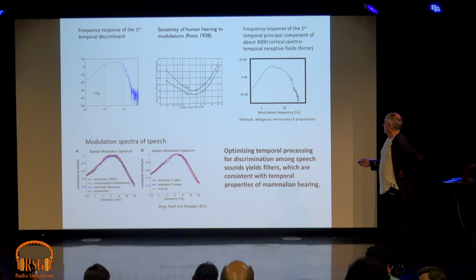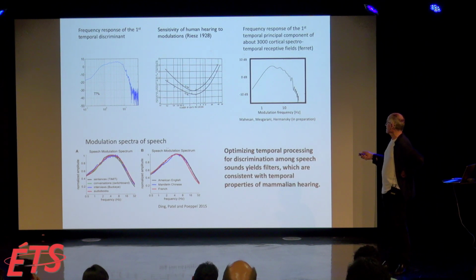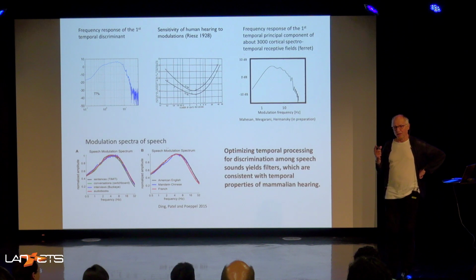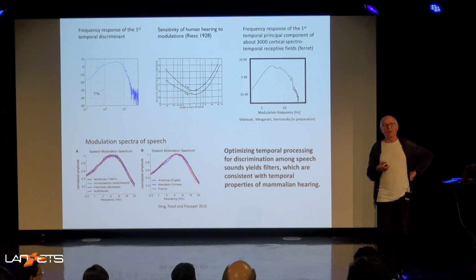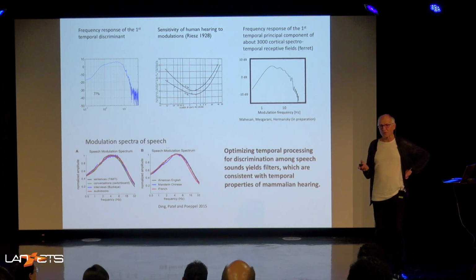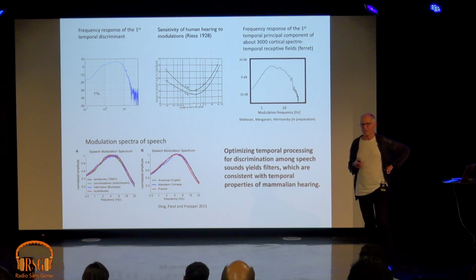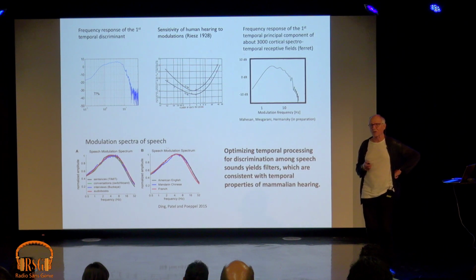This is a frequency response of the first discriminant. This is, well, upside down, because here we have a sensitivity, here we have a gain, but it tells us the same thing. Here I'm just showing something which we didn't talk much about, but you can actually look at the frequency responses of your cortical neurons. I think that Nima Mesgarani was talking about spectral temporal receptive fields in auditory cortex a little bit more.